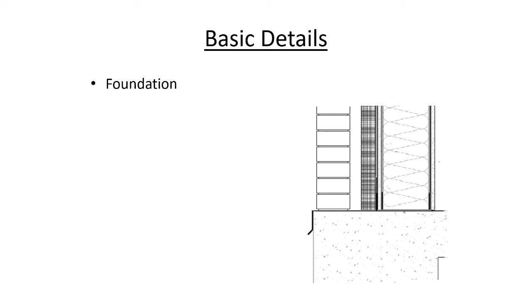Coming down to the foundation, we see that the cold-formed steel framing is bearing directly on the foundation itself. There is sealant to adequately seal the bottom of the gyp sheathing to the concrete slab to maintain an air barrier, or maintain tightness for the structure itself.